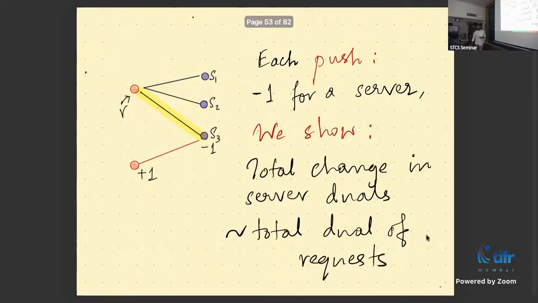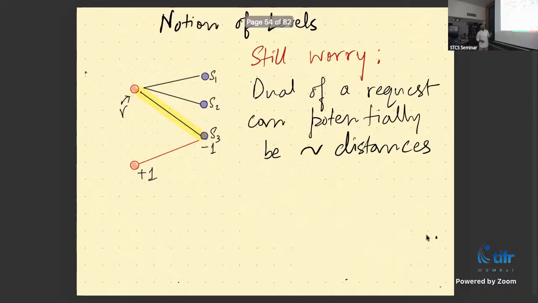And now what we are able to show is that the total amount of change in server duals, and this is really an amortized analysis, and this is one of the main lemmas that we prove in the paper, is that if you look in an amortized sense across all arrivals, then the total change in the server duals is upper bounded by the total dual change in the requests. Okay, the duals of requests start at 0, so they are only incrementing, and servers are only going down. Okay, the question still remains.